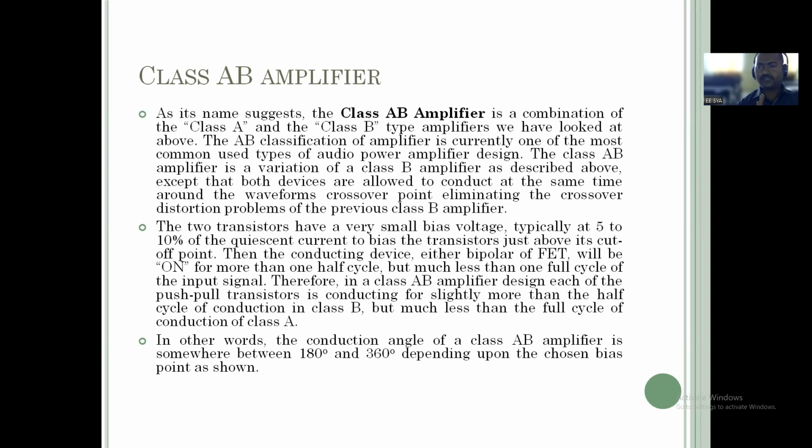Class A works at 360, class B works at 180 degrees, right? So we have to use the middle point, right? So we have to use an amplifier which works in the range of more than 180 and less than 360, right? So whatever crossover point is coming, that should be eliminated.